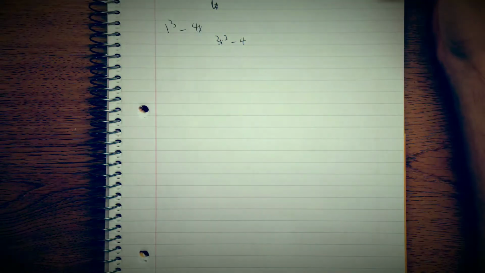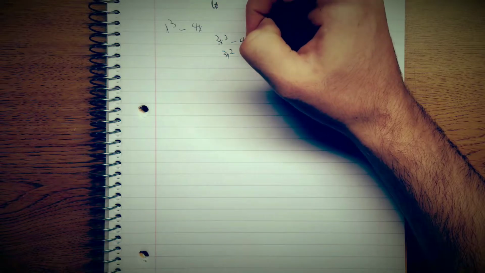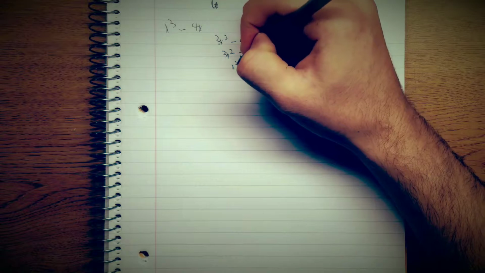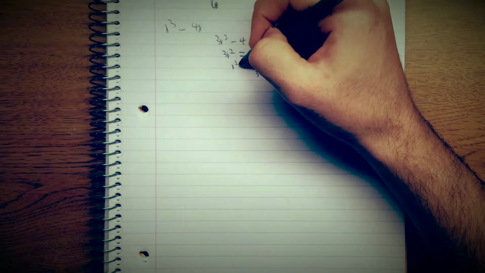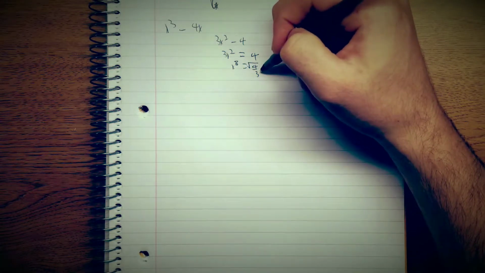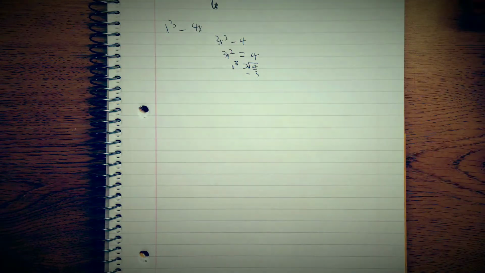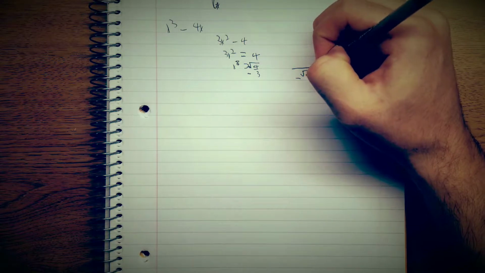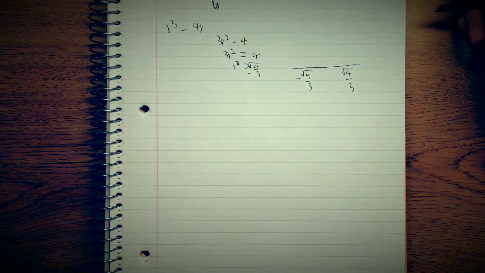So we have 3x squared minus 4. 3x squared equals 4. x squared equals 4 over 3, so x equals plus or minus the square root of 4 over 3. So we know that we have a critical value at negative square root 4 over 3 and square root 4 over 3.